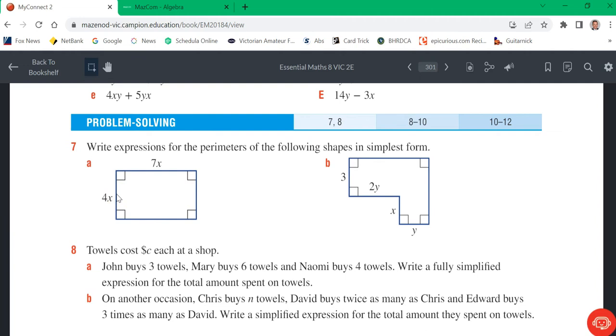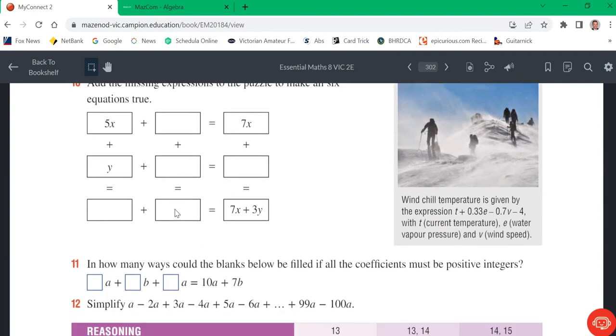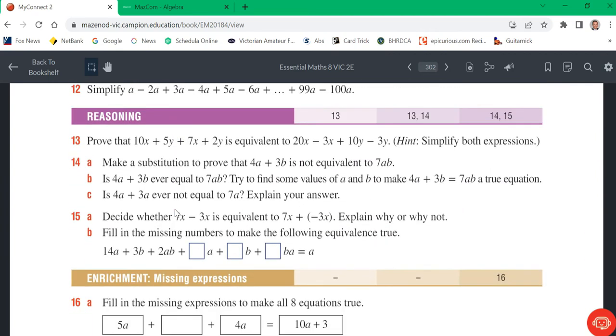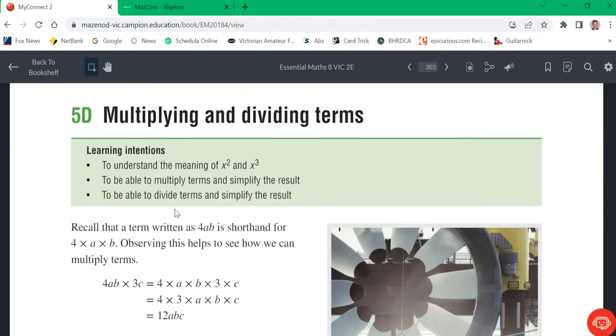That would help me to find X. I don't know what X is, but this length is 7 times the length of X, and this length is 4 times the length of X. So 7X plus 7X plus 4X plus 4X will equal P. I add them up, that's what I have, and then I can find out what X equals. So there are many areas in which I can apply it, so make sure that you have that and examples of how to do those in your summary book.